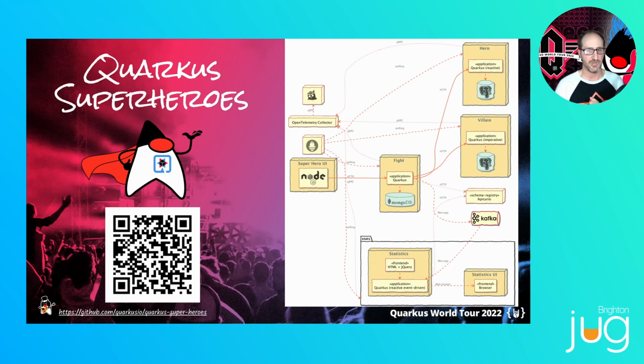There's some reactive, some non-reactive, there's Mongo, Postgres, Kafka, Avro, OpenTelemetry, WebSockets, lots of stuff in there. It's a good place to go to learn, to play with, and to see how things are done. And there's lots of tests, from someone who likes testing.